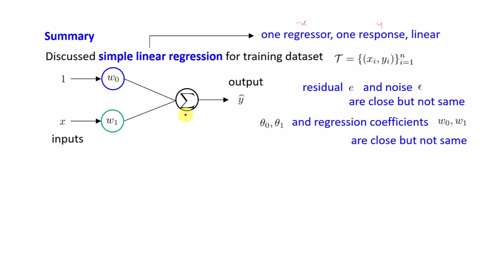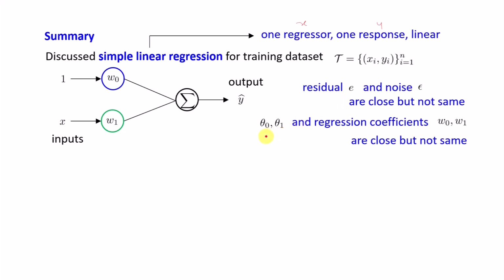This type of visual representation is useful when the model gets more and more complicated. Here we also need to remember that this residual e and noise e may come close, but they are not the same thing.